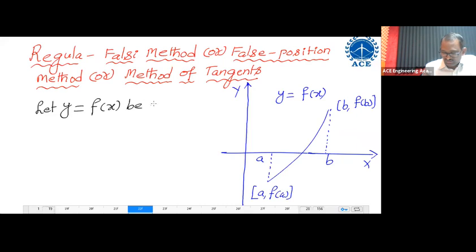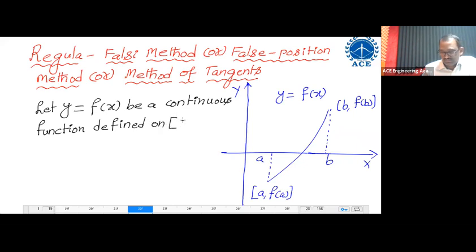Let y is equal to f of x be a continuous curve defined on the closed interval AB.